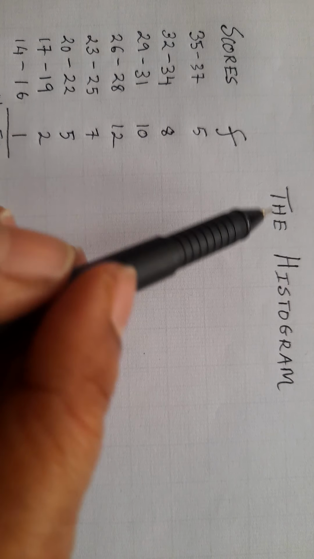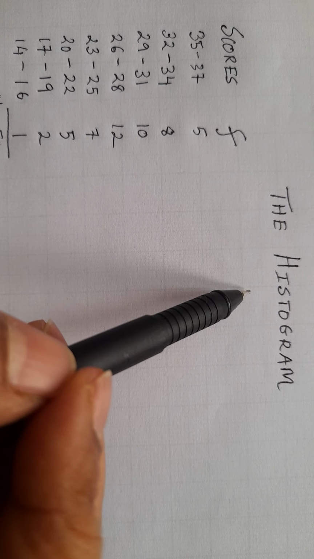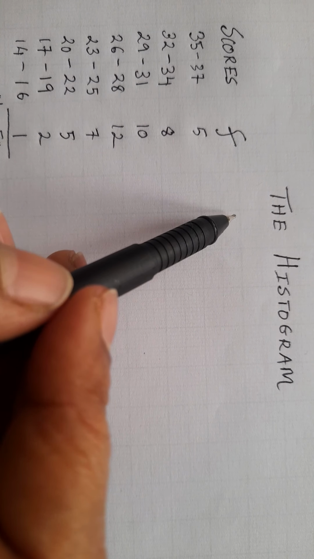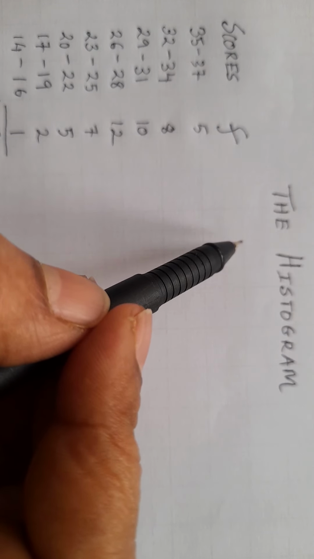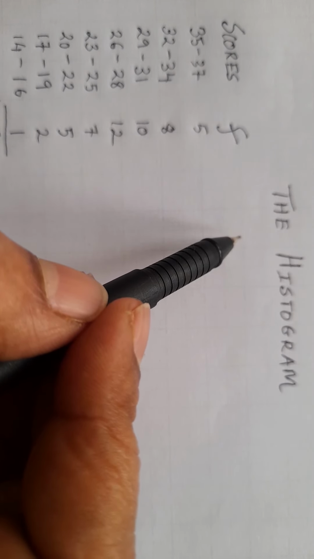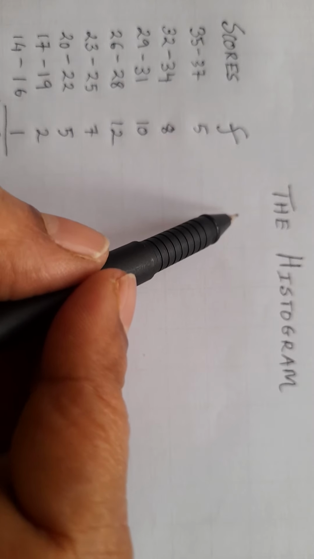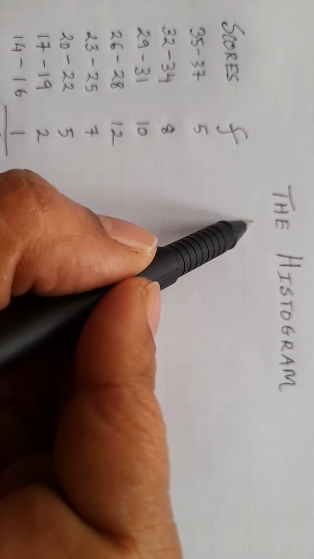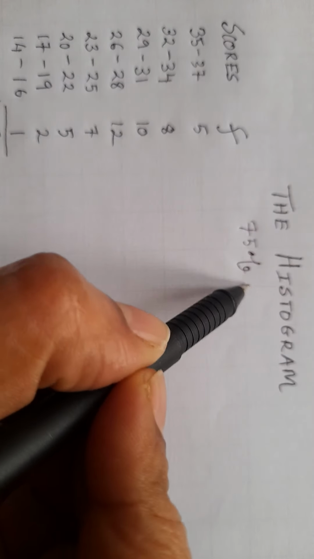Now whenever we do the histogram or any other graph, we must follow the 75% rule, and we are doing it on 1 mm graph paper, so we have to do the following calculation for using the 75% rule.